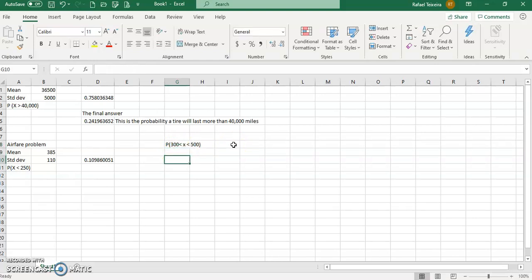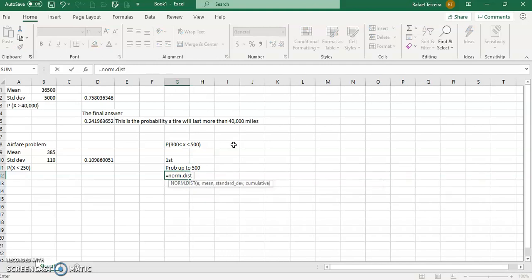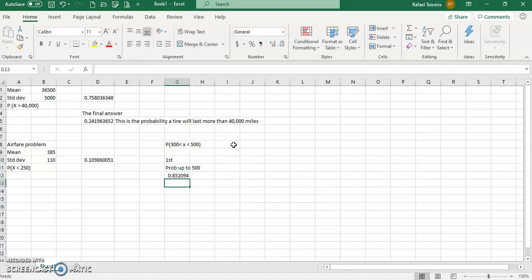First, the probability up to 500. This is equal norm.dist, open parentheses, 500, the mean is 385, 110 is the standard deviation, and 1 is the cumulative probability.